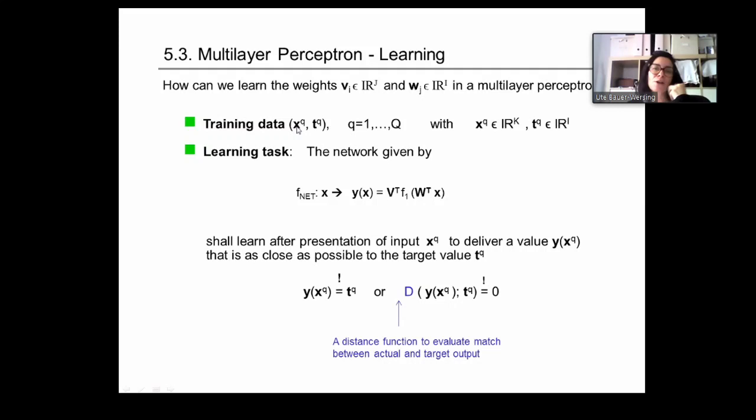So we have pairs X_q, T_q, which give us the problem we want to learn in terms of given target values that we want to approximate. And we have Q training samples. The input data X_q is, of course, k-dimensional. The target values T_q are i-dimensional if we stick with the representation of having I outputs.